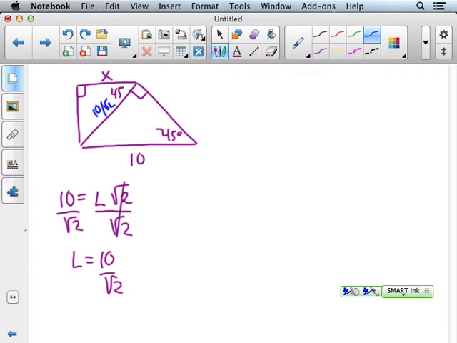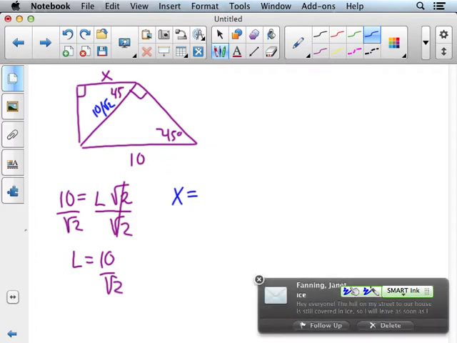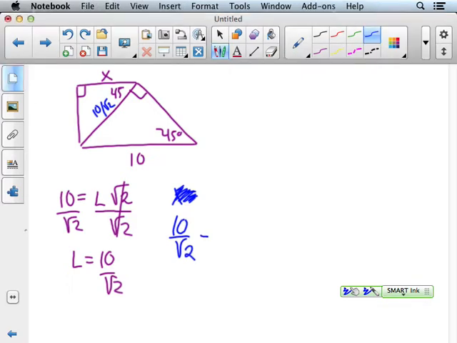And I know, again, I got another 45, 45, 90. So this time, I'm going to say the same thing. My x, or my leg, is 10 divided by square root 2 equals my leg times square root 2, right? The hypotenuse equals the leg times square root 2.